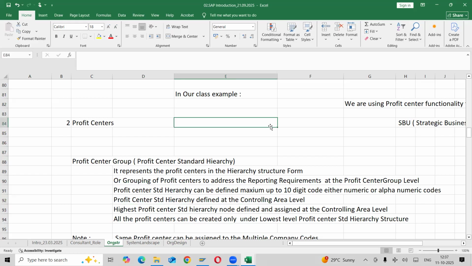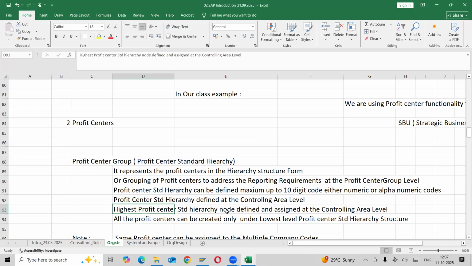As I said, some part of the CO module has been moved from CO to FI, and in that some part of profit center has been moved from CO to FI. So to create a profit center, I definitely need to define a controlling area in FI module.